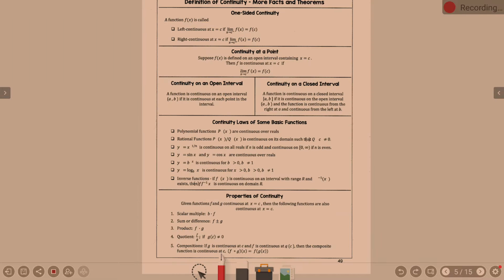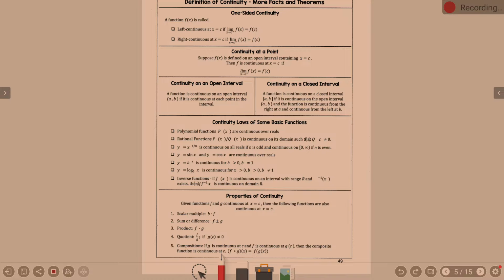What's on my next page? Okay. This next page is basically just a lot of information. The top, one-sided continuity. It's called left continuous if it's only continuous from the left and equals the value at the limit. It's called right continuous if it's only continuous on the right and equals the value. Like what happened at the 9 on the screen earlier, it was left continuous because it didn't exist from the right.